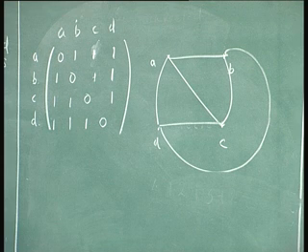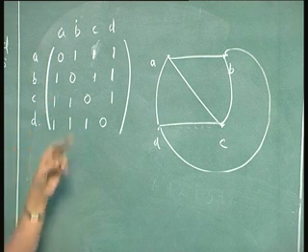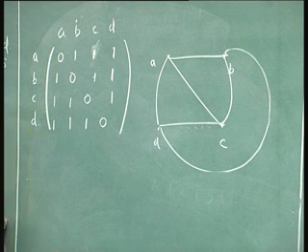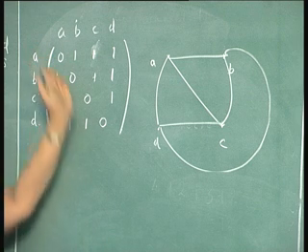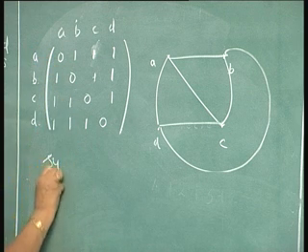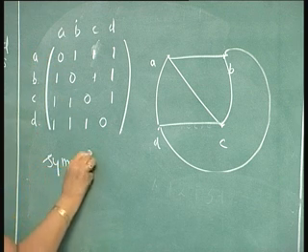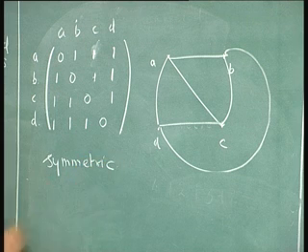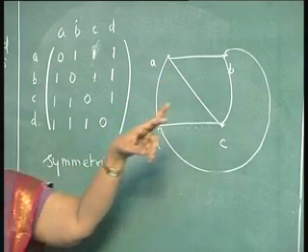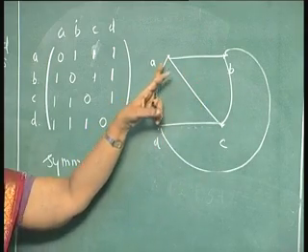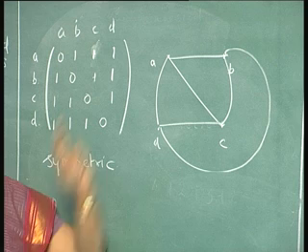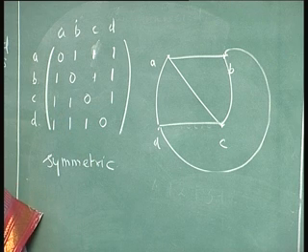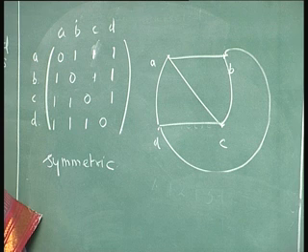Now, there are 6 edges. If you count the number of ones, there will be 12 ones, twice, and it is a symmetric matrix. It will be symmetric because it is undirected. This matrix is symmetric about the diagonal, because here there is no direction between A and B. So, it will be represented as an edge between A and B and also between B and A. That is why it can be represented like this.